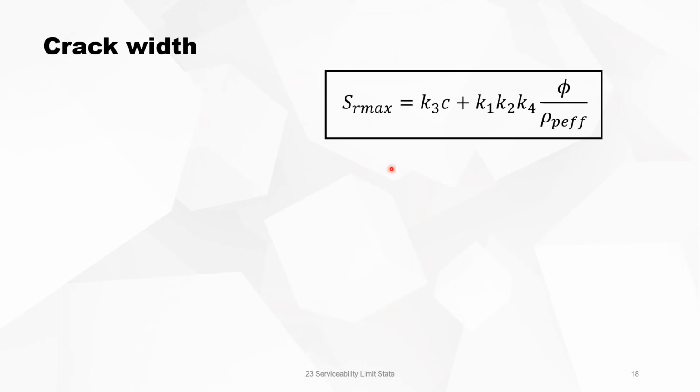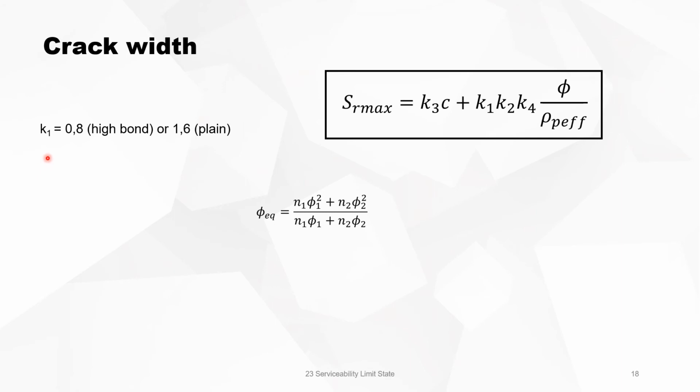Then SR max is given by this empirical formula. When you use different diameter sizes in the same section, then you should take an equivalent diameter, which is given by this approach.